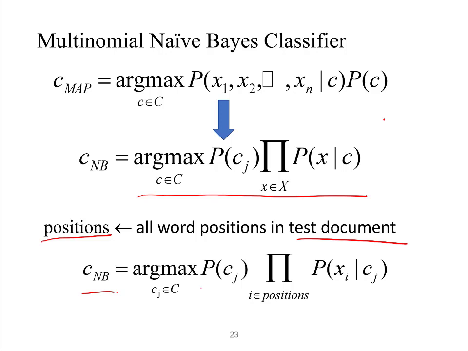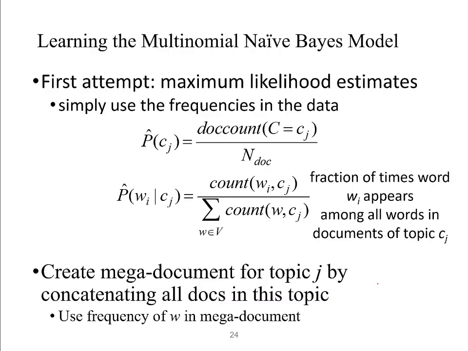The next thing is to compute or estimate these two probabilities. In order to learn the multinomial naive Bayes model, essentially we're going to estimate these two probabilities.